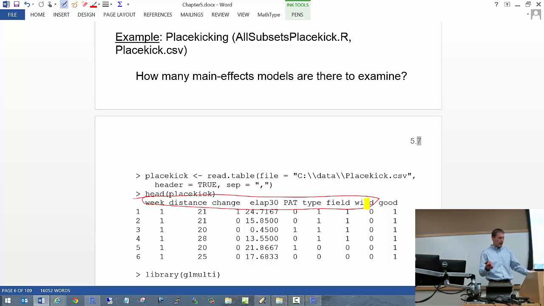So in terms of the main effect terms, how many possible models are there? 2 to the 8, which is 256, I believe. So if we want to find the best model using information criteria, we have to look at all those models. We have to estimate them all.